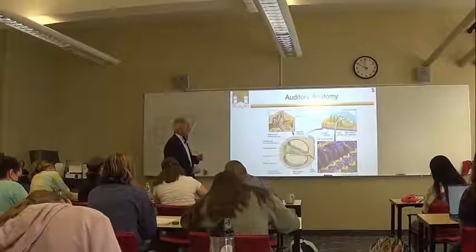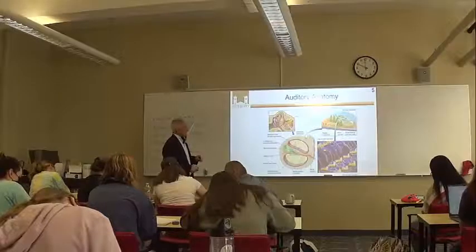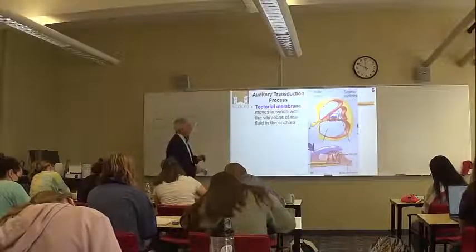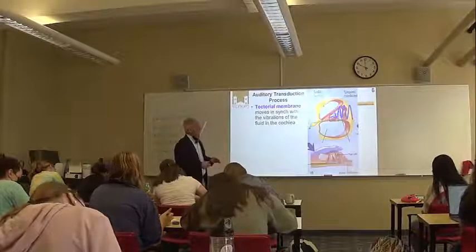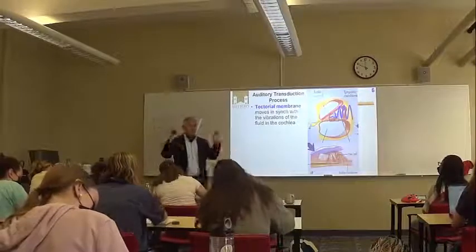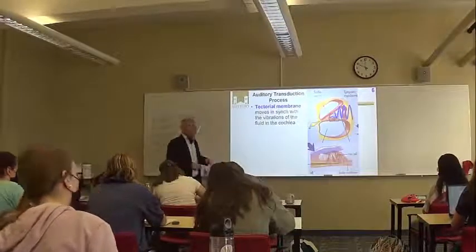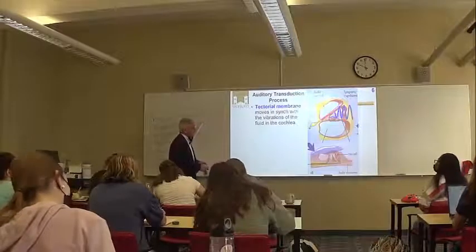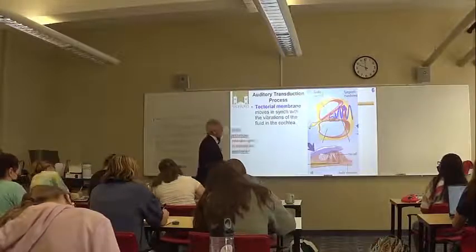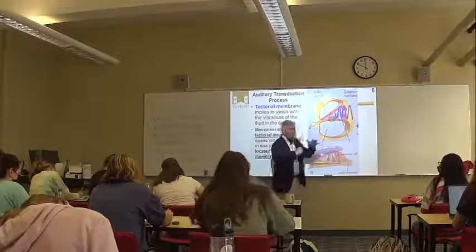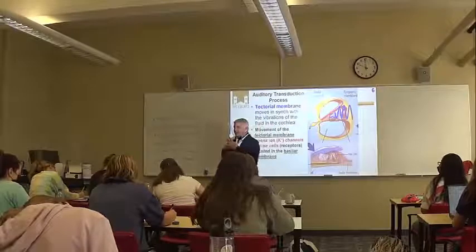These are just some other pictures of how this happens. And what happens is, as that fluid wave that's vibrating at a particular frequency moves through these ducts, it causes this thing called the tectorial membrane to bounce up and down on hair cells.